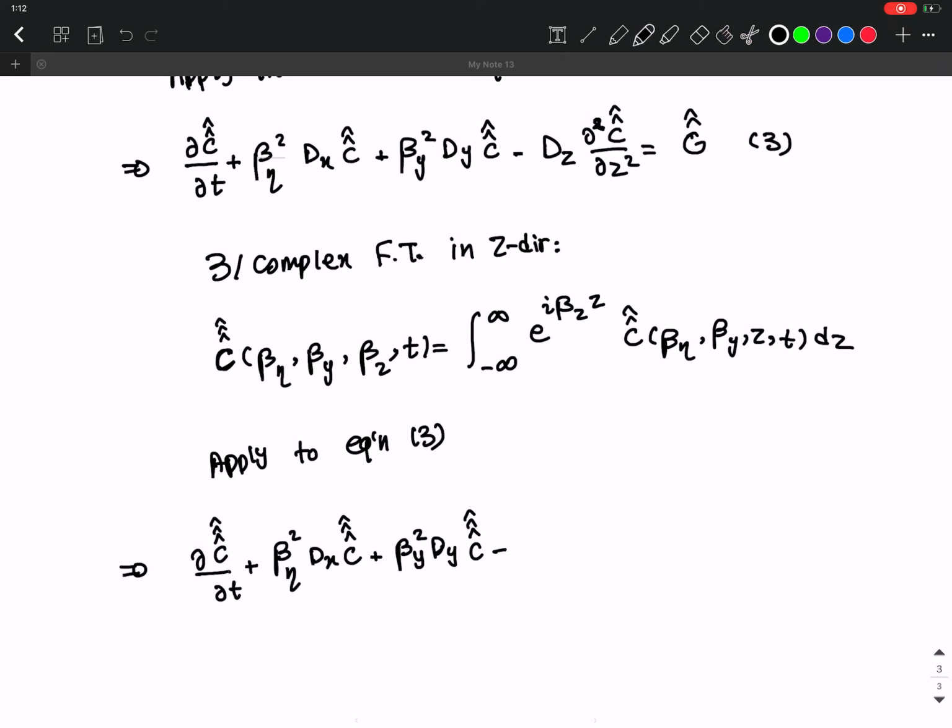And now the third term is also converted into a multiplication. So we have beta z square dz c triple hat equals g triple hat. And this is our equation 4.